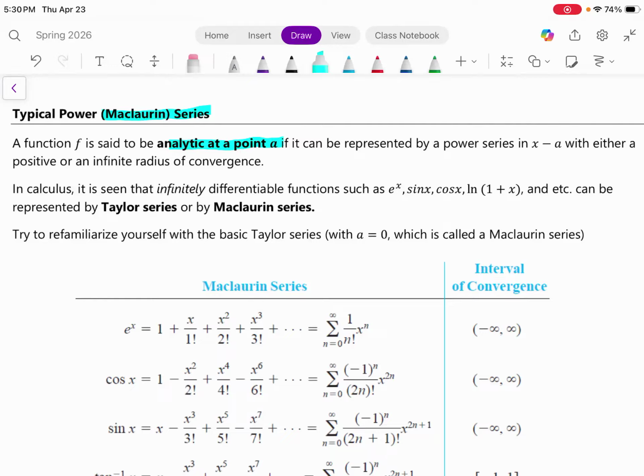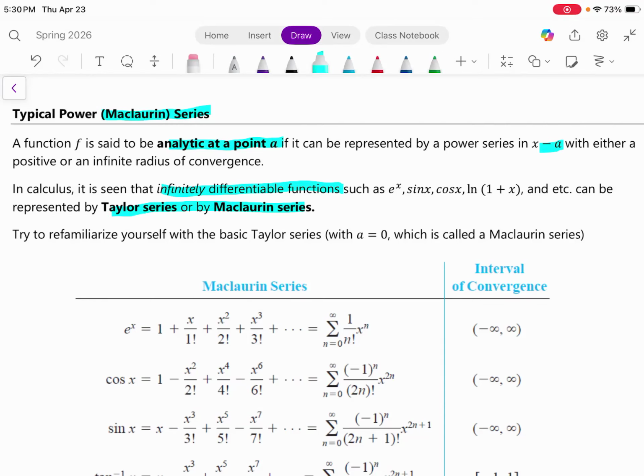It can be represented by a power series in x minus a with either a positive or an infinite radius of convergence. So what does that mean? In calculus, it is seen that infinitely differentiable functions like exponential, trig, and logarithmic can be represented by Taylor series or Maclaurin series.